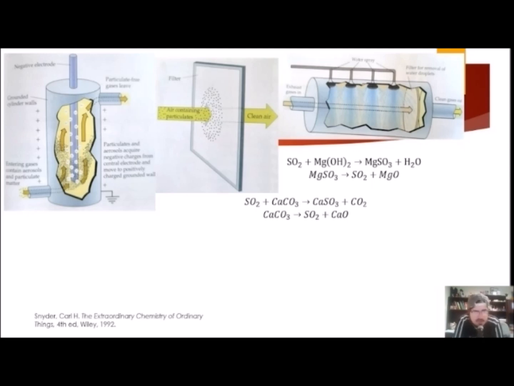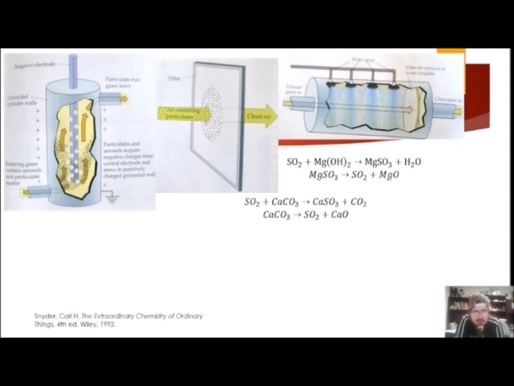The liquids run to the sides and then run down to the bottom of the collection chamber. The solids can stick to the side, and then you can use some agitation to shake them off so they sink to the bottom. But essentially, by charging the particles, they stick to the sides and stay there.